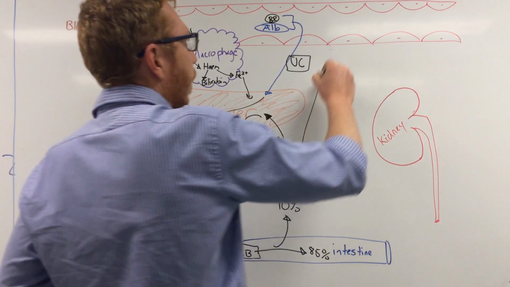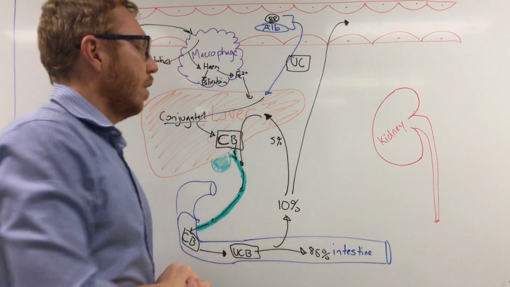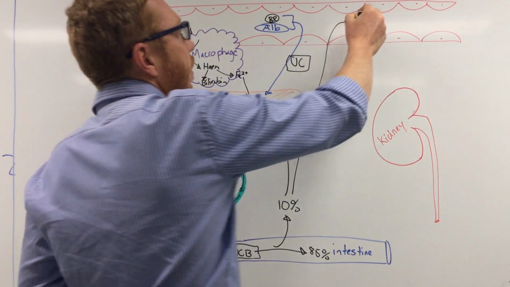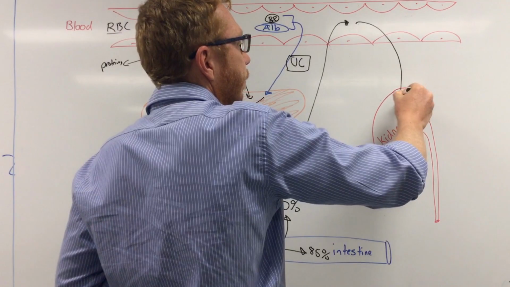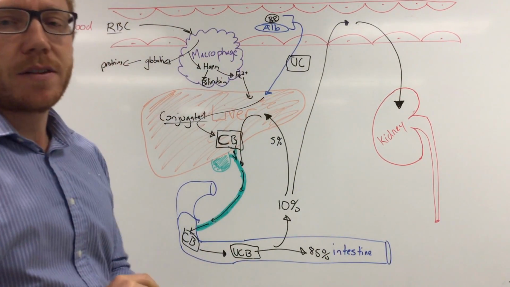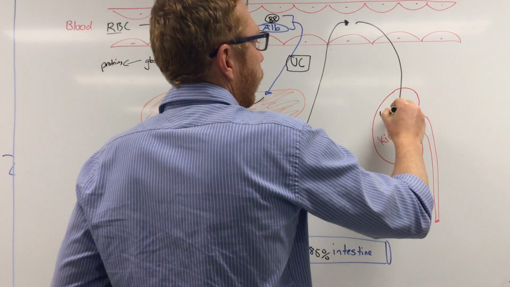The rest of it will go back into the blood, and this, remember, is the unconjugated urobilinogen, and it will get essentially processed in the kidney. So the kidney will then modify it slowly, and it will make it into urobilin.